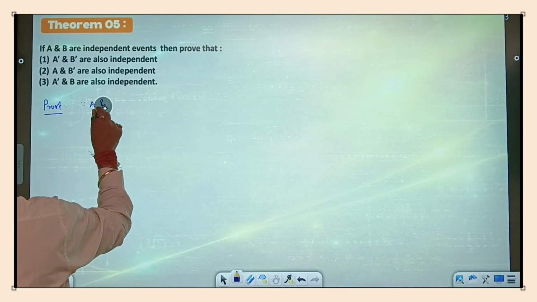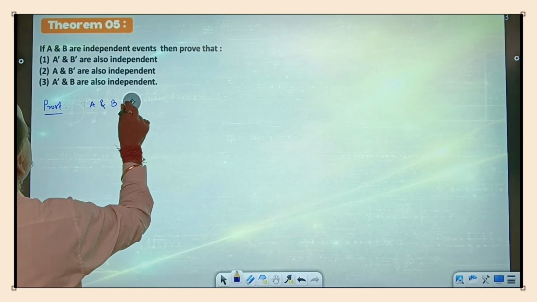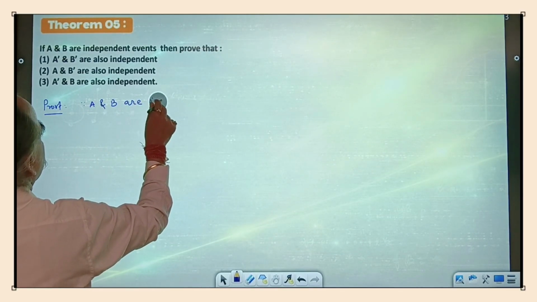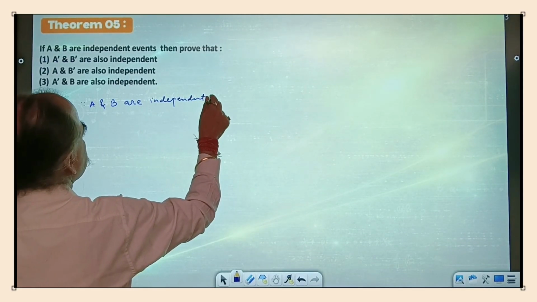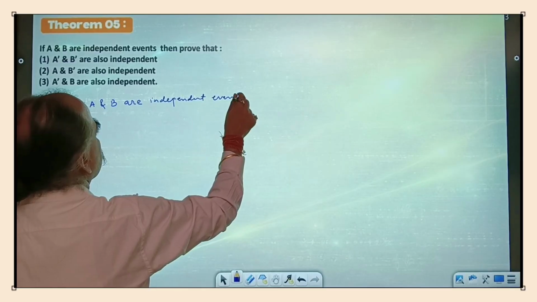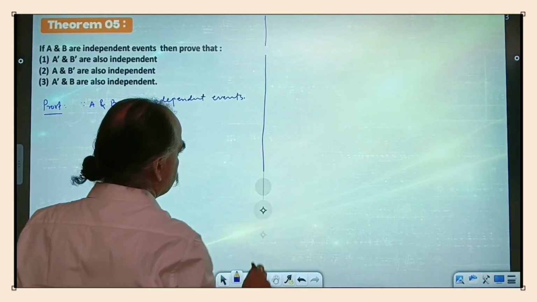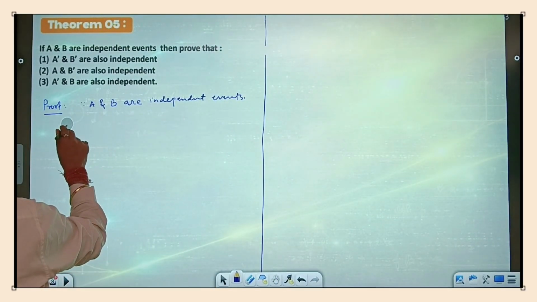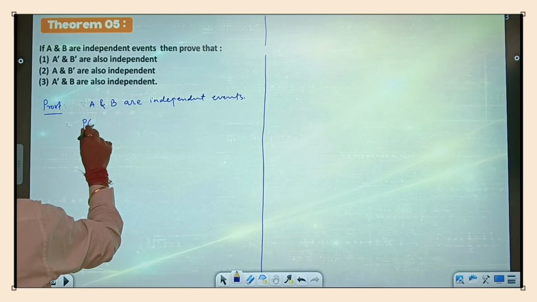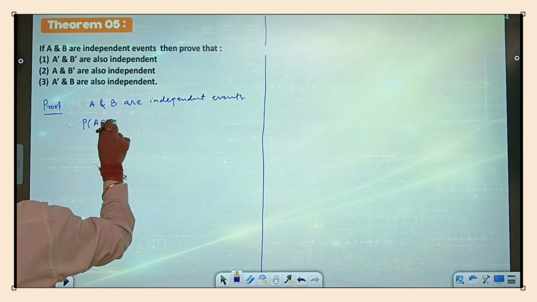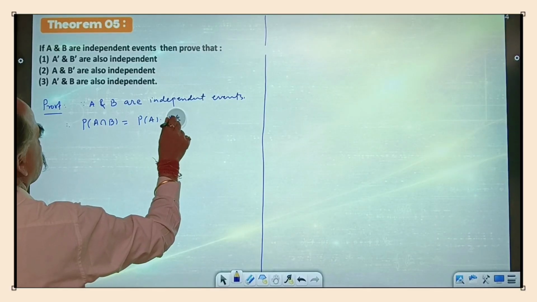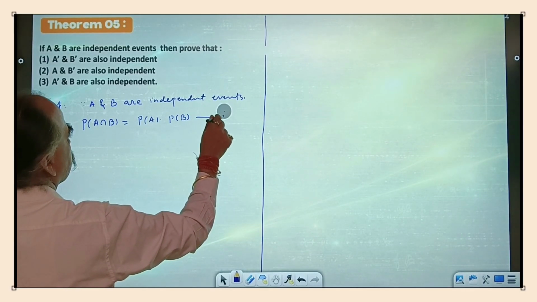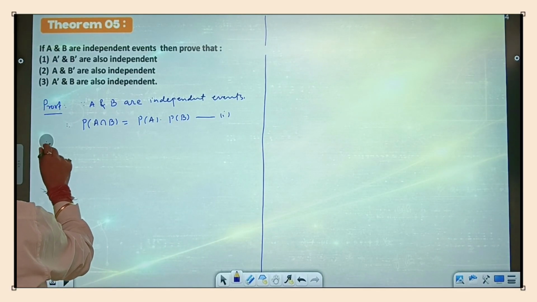Since A and B are independent events, therefore P(A intersection B) is what? P(A) into P(B). Equation number 1.